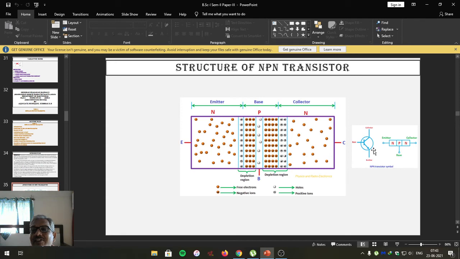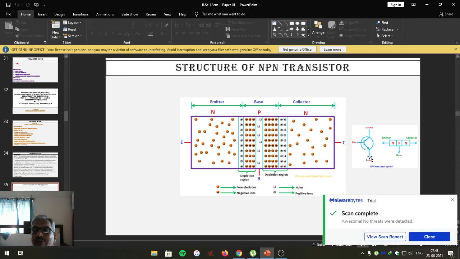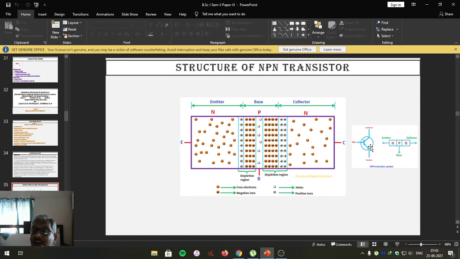This arrow indicates the conventional current flow. It indicates that current will flow from base towards the emitter. So this is the meaning of the arrow: the conventional current flow. Convention means it always flows from high to low.